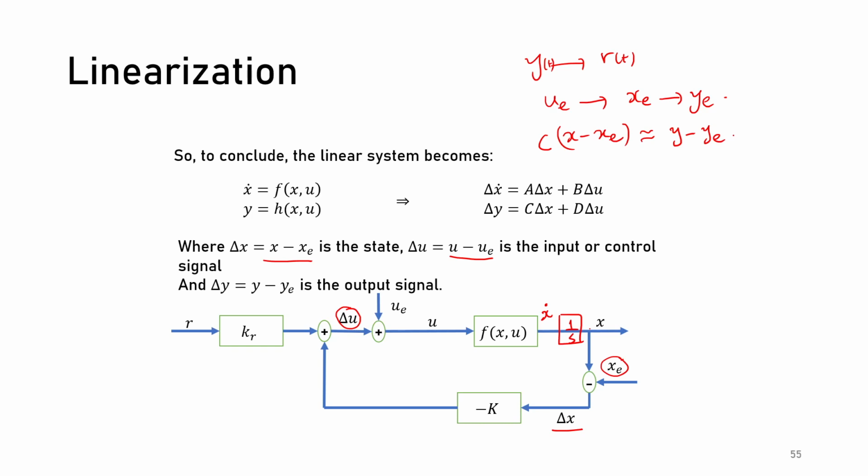So first you cannot have y approach r(t) directly, but you can have y minus y equilibrium approach r minus y equilibrium, right? So if you design K_r in order to have y minus y equilibrium approach r minus y equilibrium, you get K_r. Okay.